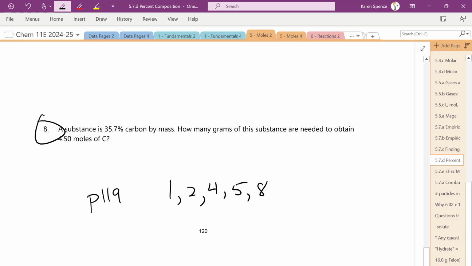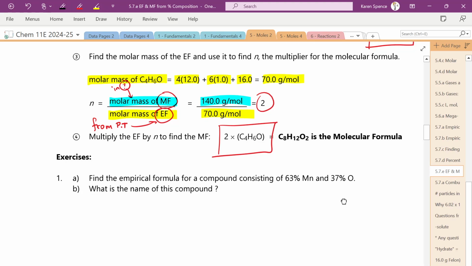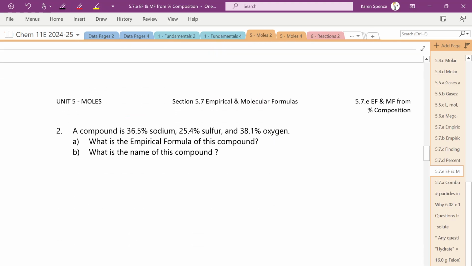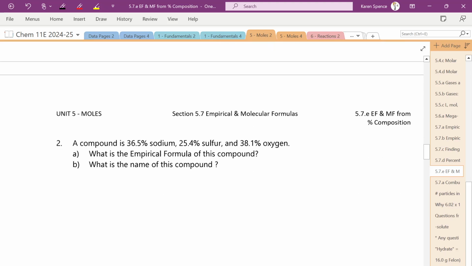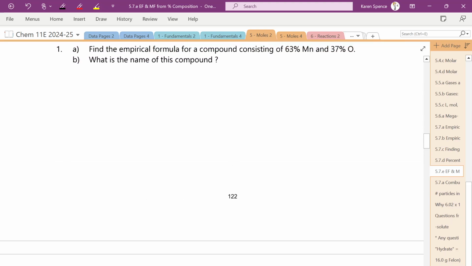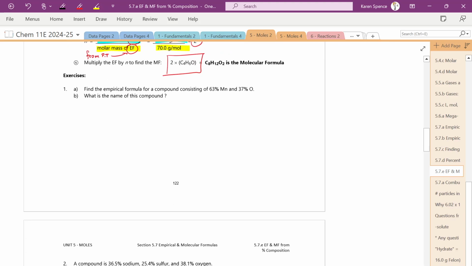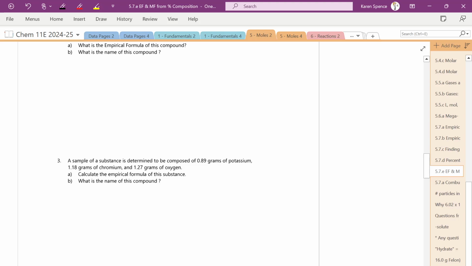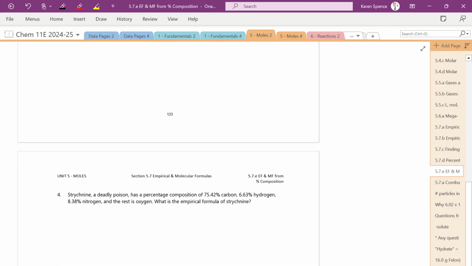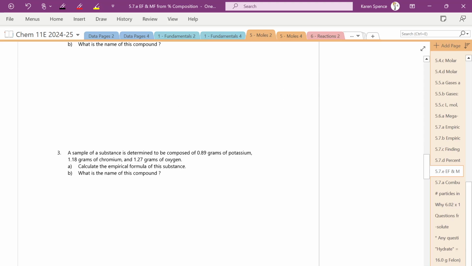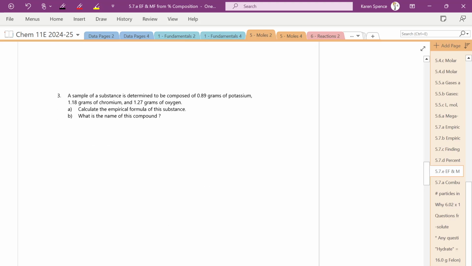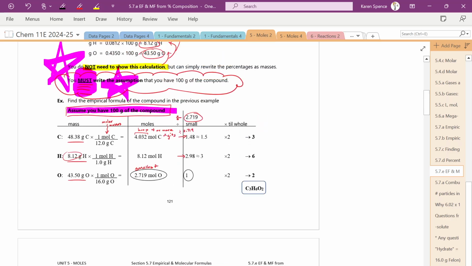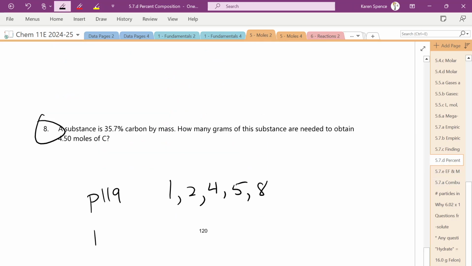Page 119, and then 1, 2, 4, 5, 8, 9 from 119, then page 122, number 1, and page 123, number 3. She got it.